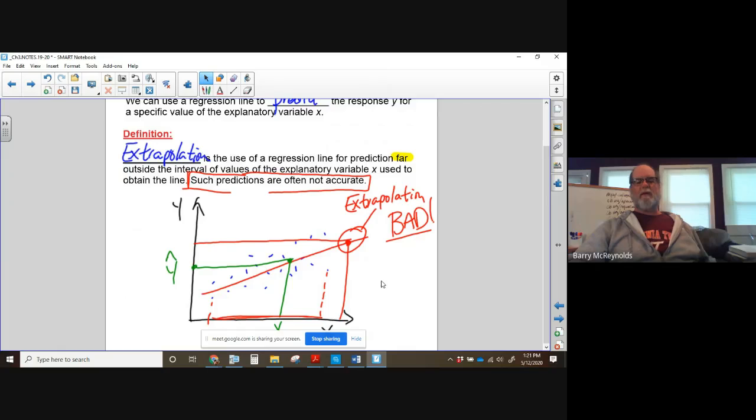So we just don't want to be caught calculating or performing extrapolation on our data. We want to stay within these boundaries.